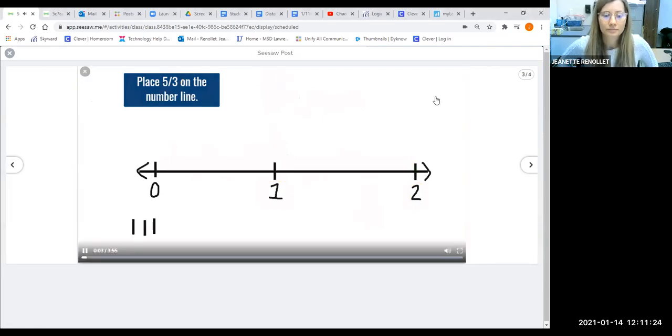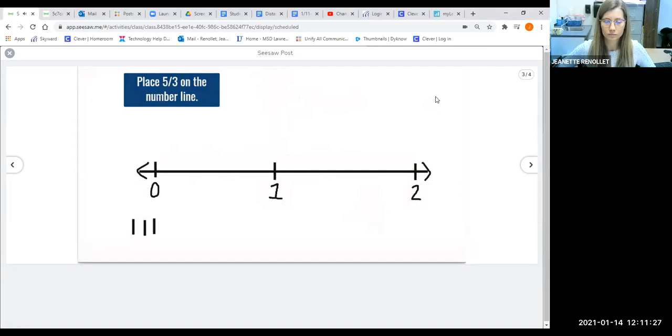Today we are focused on fractions that are more than one whole or greater than 1. This example asks us to place 5/3 on the number line. When dealing with fractions that are greater than 1, the first thing we need to do is identify the whole.